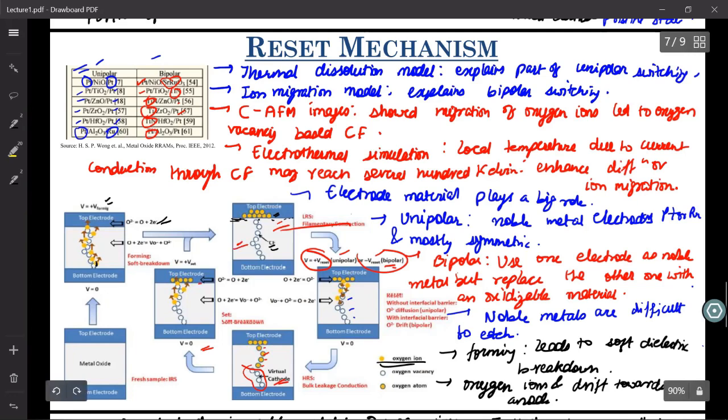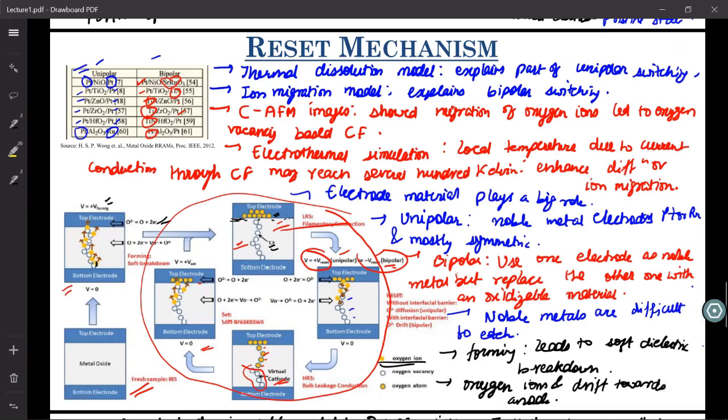So this process shown over here is reversible. However, going from this fresh sample or virgin state to this forming state, or set state, this process of forming is not at all reversible. So once you form the device, you are sure that these defects are going to be there. Not all will be recombined, as I discussed in the previous slide.